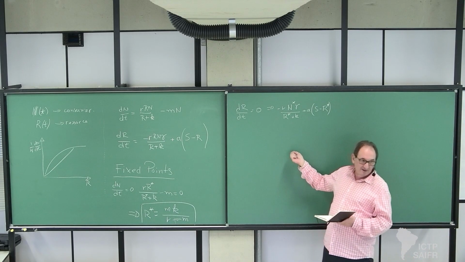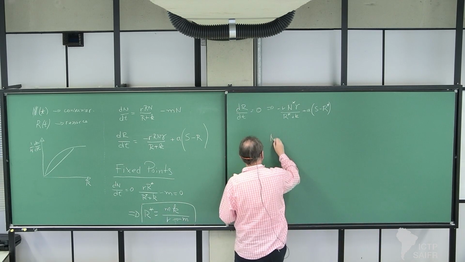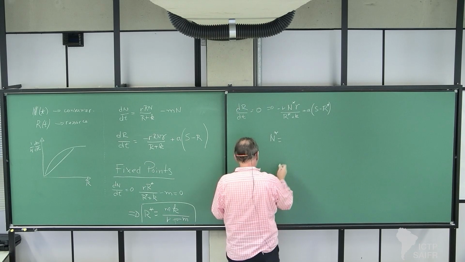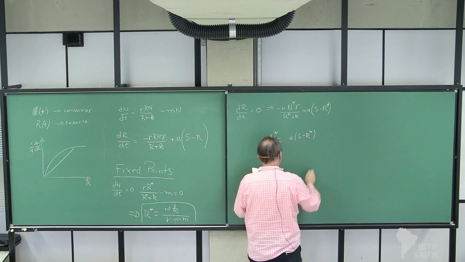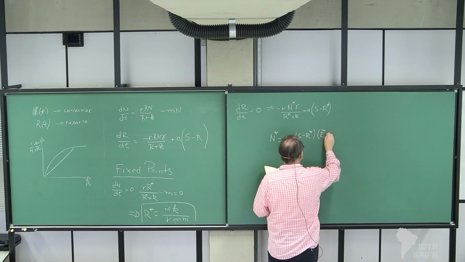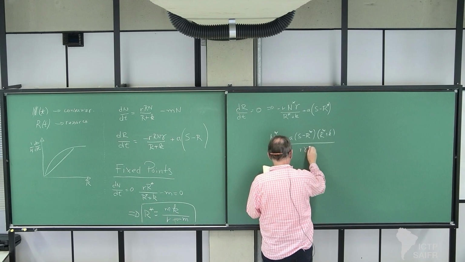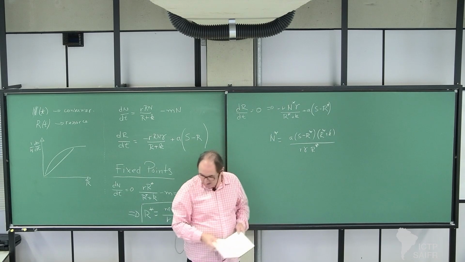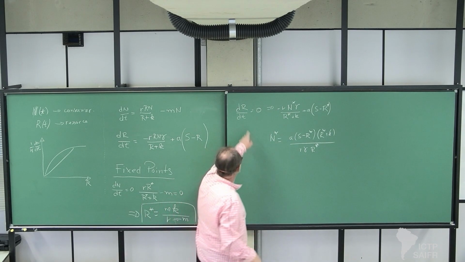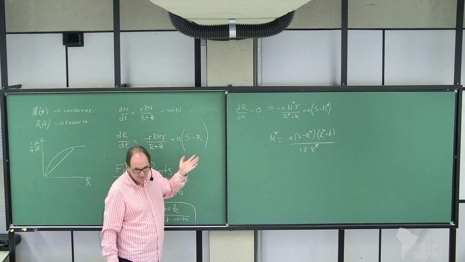I will just write the solution. It's just manipulating things here. N star will be A times S minus R star, over R star plus K, R gamma R star. And R is given here. You can substitute this there also.